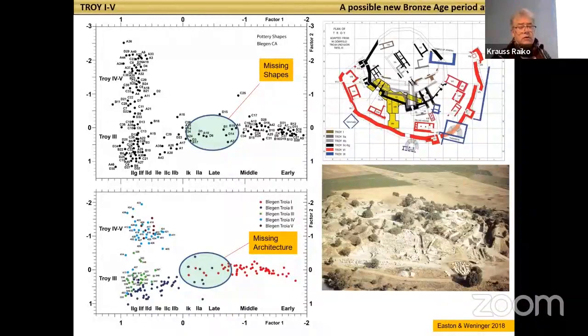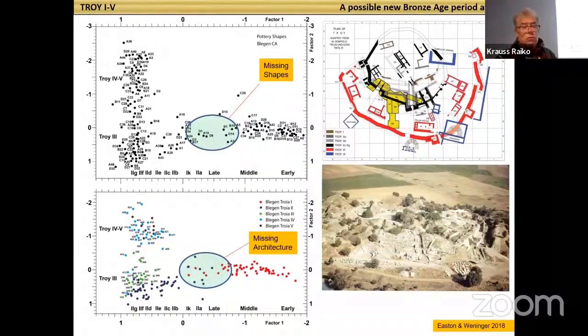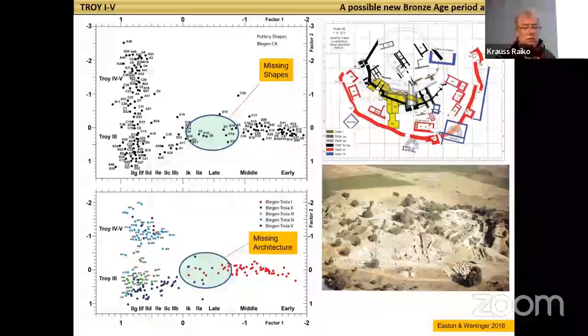If you look at the upper picture, we've separated the shapes here, the correspondence shapes, from the lower picture, which is the architecture. And in the shapes we can see between Troy 1 and Troy 2, there are what we could call missing shapes. It doesn't look as if there's enough, the density is too low.